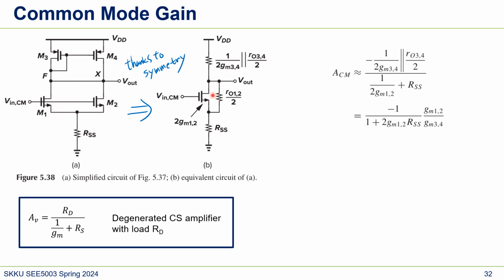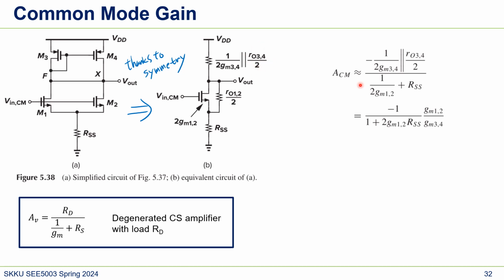So we can just model it as a single MOSFET with doubled GM. And since they're parallel, the RO1,2 will be divided by 2. And here it's the same: the impedance here will be the parallel of half of 1 over GM and half of RO34.